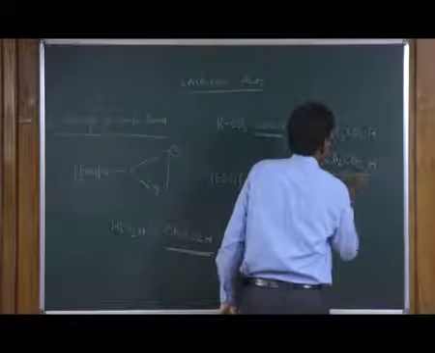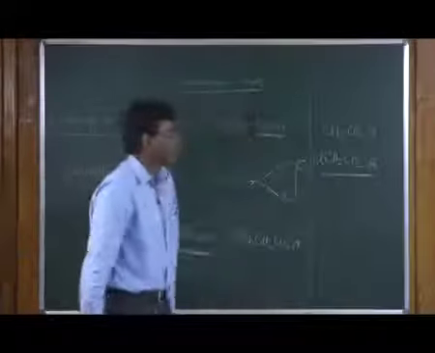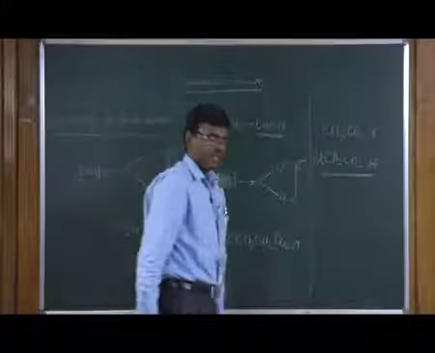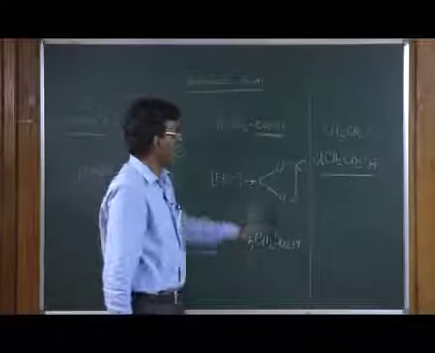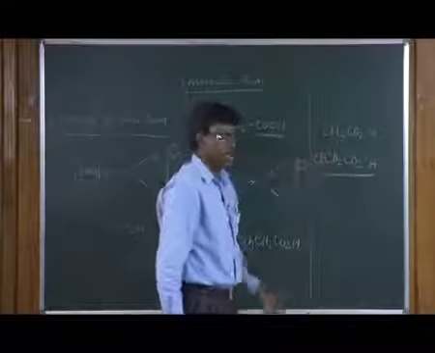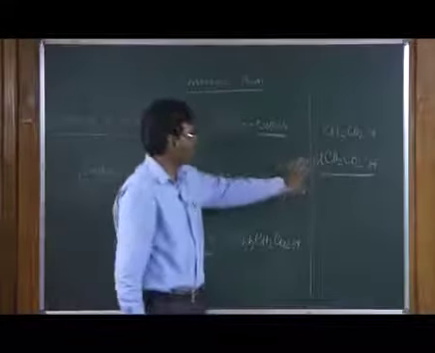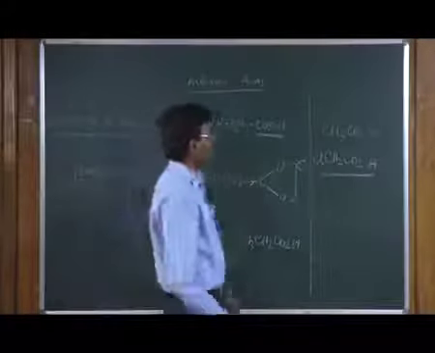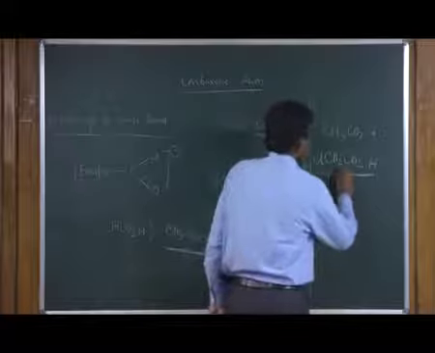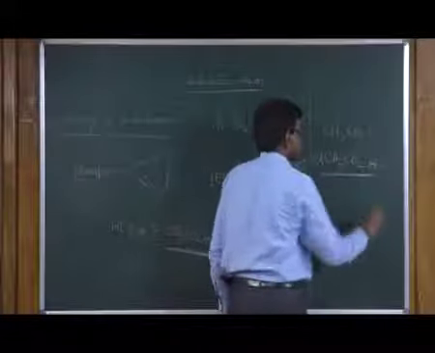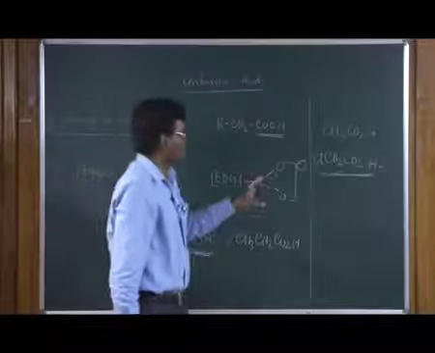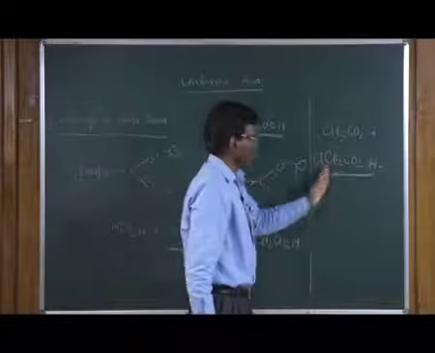One of the CH bonds can be replaced by a C-Cl bond, so one of the hydrogens has been replaced by Cl. Chlorine, as you know, is an electron withdrawing group. Now the acidity of this is increased. This is more acidic compared to this, because when you have the electron withdrawing group, the acidity increases.